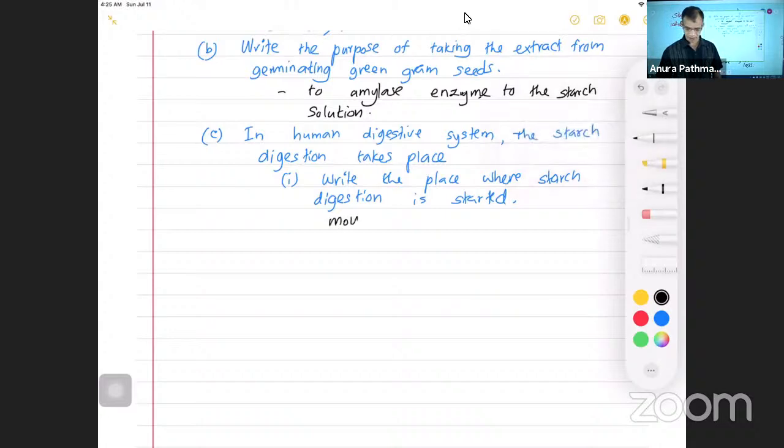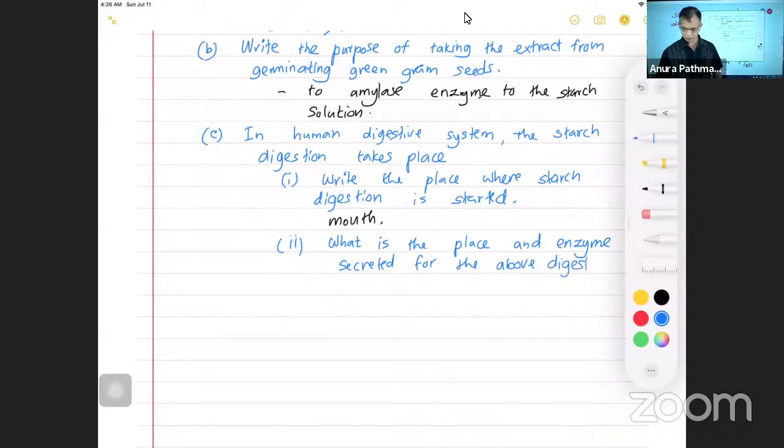Mouth is correct. And my next question, then: if it is the mouth, what is the place and enzyme secreted for the above digestion?